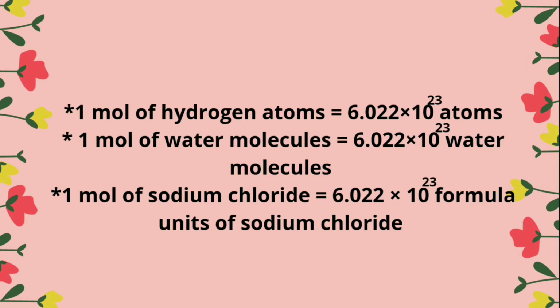1 mole of hydrogen atoms is equal to 6.022 into 10 power 23 atoms. 1 mole of water molecules is equal to 6.022 into 10 power 23 water molecules. 1 mole of sodium chloride is equal to 6.022 into 10 power 23 formula units of sodium chloride.